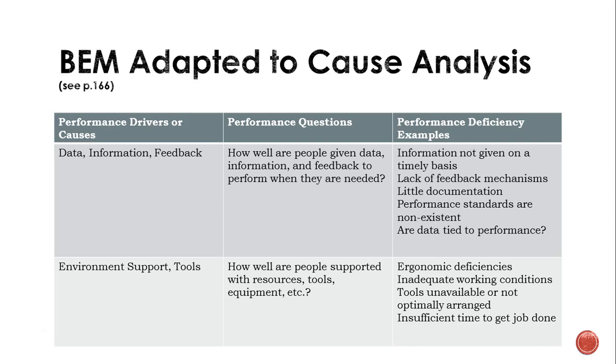Some questions: how well are people given data, information, and feedback to perform when they are needed? Are there any deficiencies from the performance gaps that you have identified that can help answer this and help understand the why behind this? And as you think through this, one of the performance deficiency examples is performance standards are non-existent.